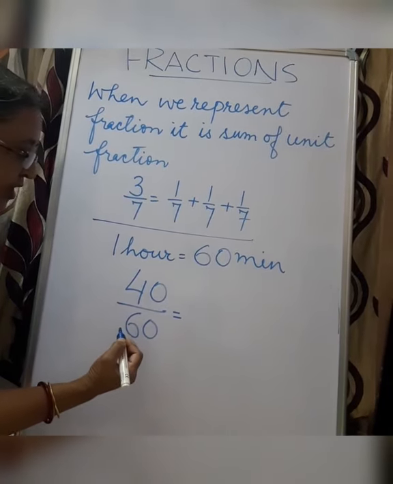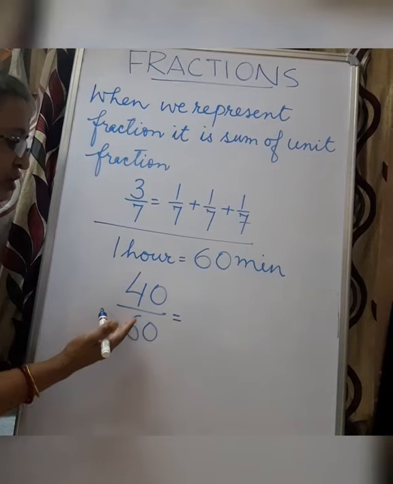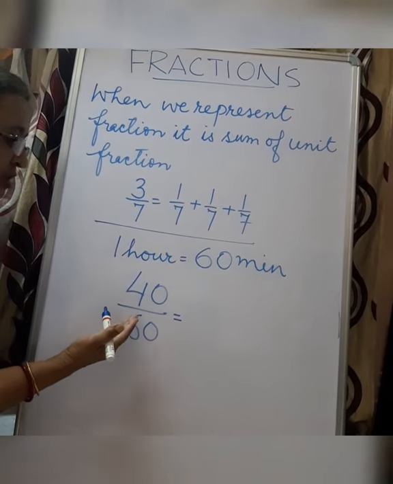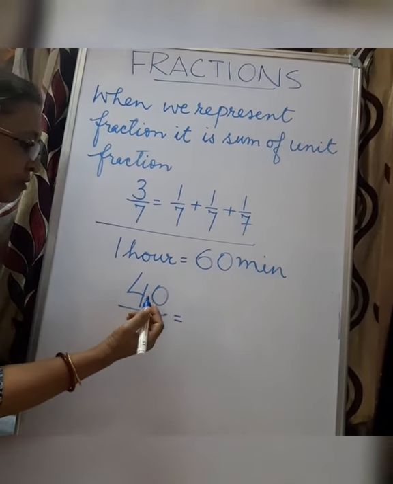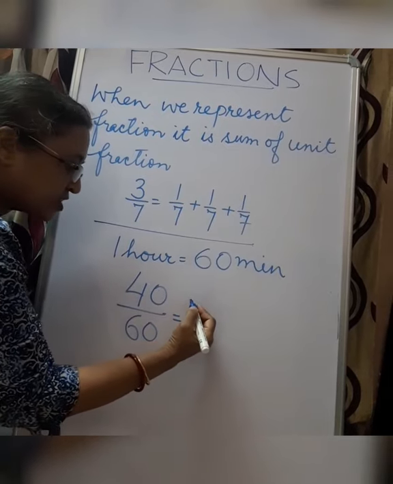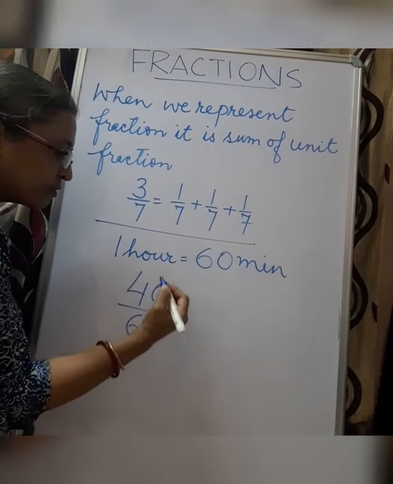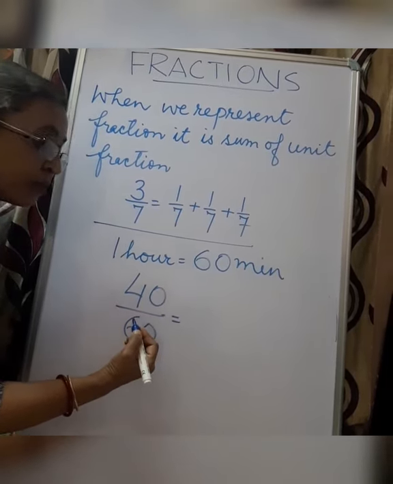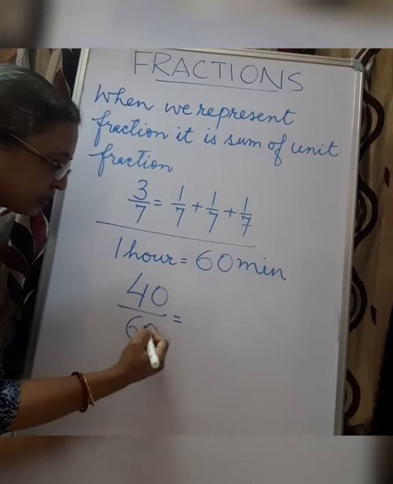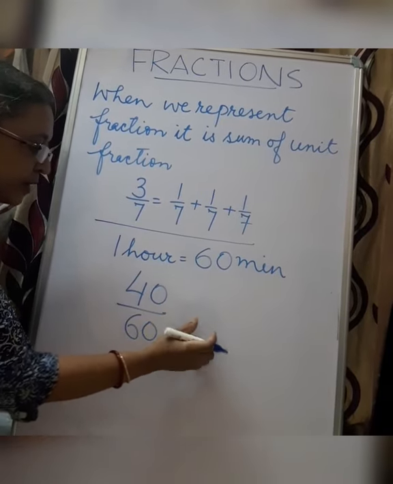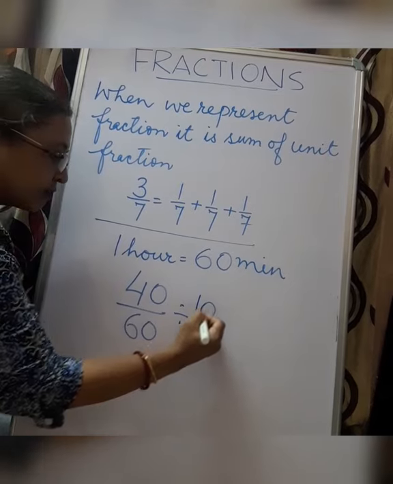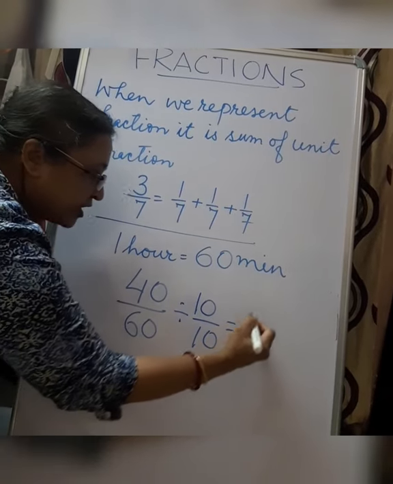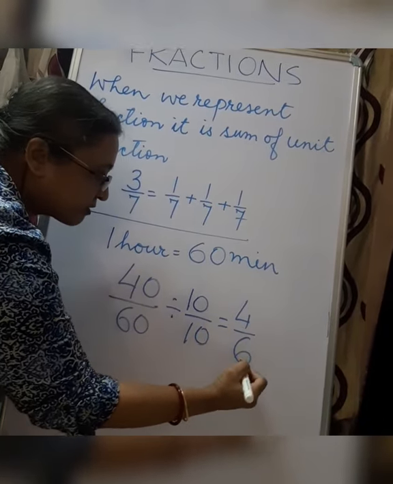How to reduce a fraction? When we reduce a fraction, we divide the fraction by its HCF, or we divide a fraction by its common factor. For example, here if we divide it by 10 by 10, we get 4 by 6.